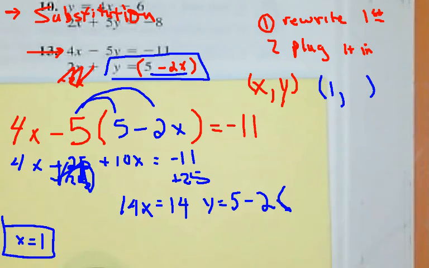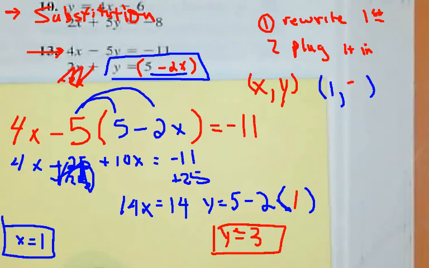X is 1. Y equals 5 minus 2 times 1. Well, that's easy. Y equals 3. Ta-da! So, the point that we just found was 1 comma 3.